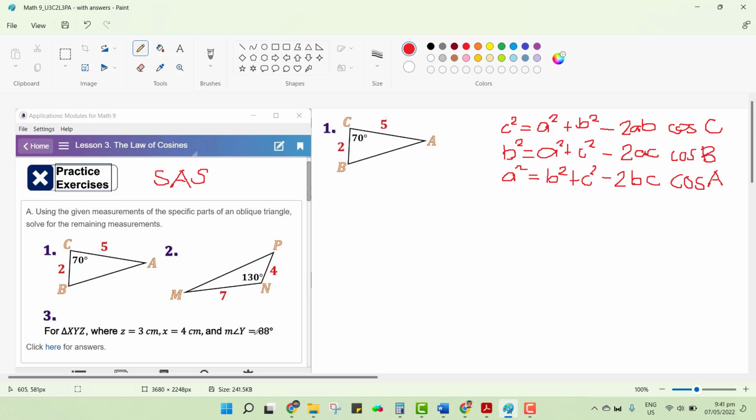What you just need to remember is this: the square of the unknown side measurement is equal to the sum of the squares of the known side measurements, less twice the product of the two known side measurements times the cosine of the included angle, which is directly opposite the unknown side.